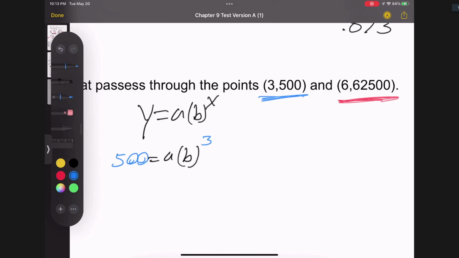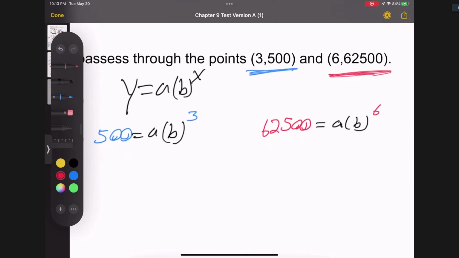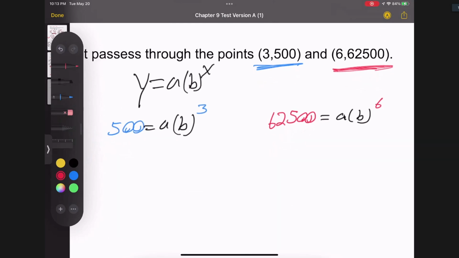So I'm plugging in 3. So you're understanding where I'm putting these values in. The next point that I'm going to be using is 62,500, and it's going to be equal to a times b to the power of x. But what is x in this scenario? 6. So I color coded it so it makes it a little bit easier to see what's going on.